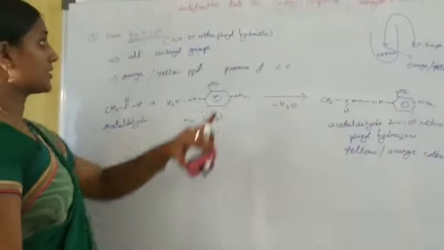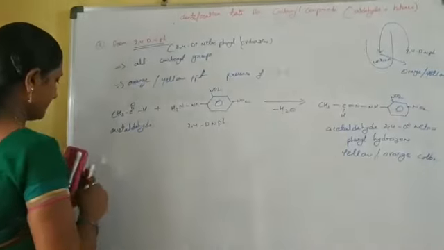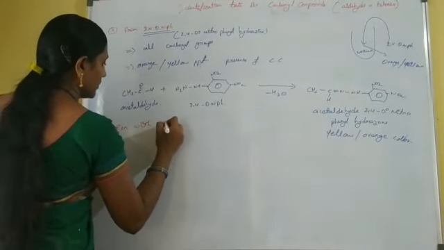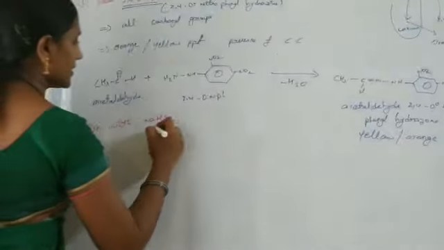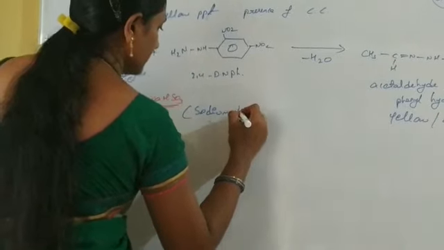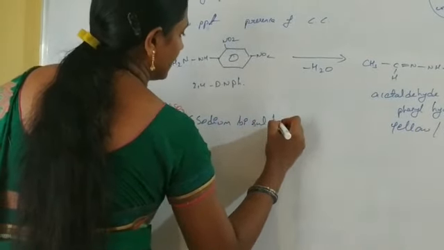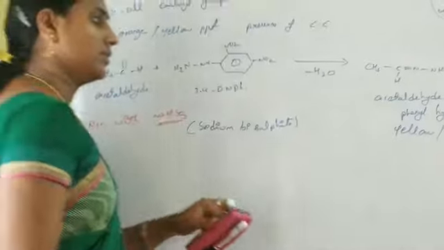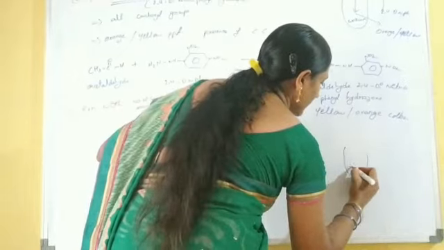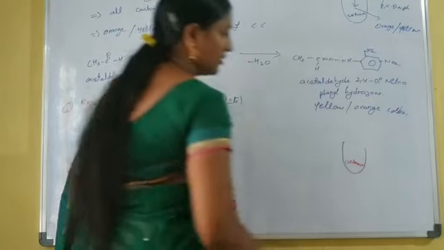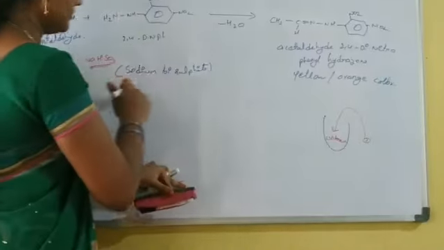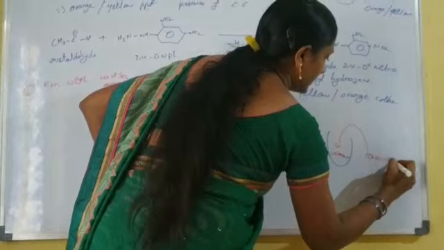Another identification test of carbonyl compounds is the reaction with sodium bisulfite. Now, you take one test tube having an unknown solution. The unknown solution is treated with sodium bisulfite.